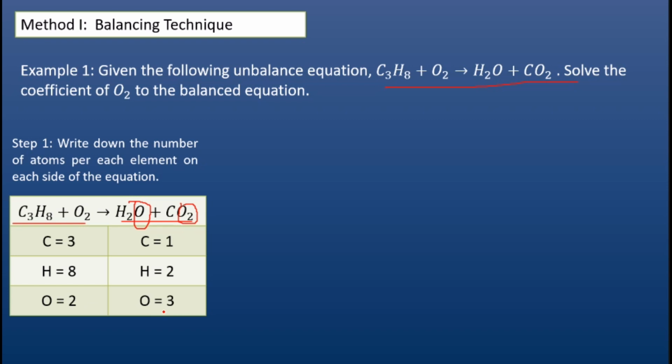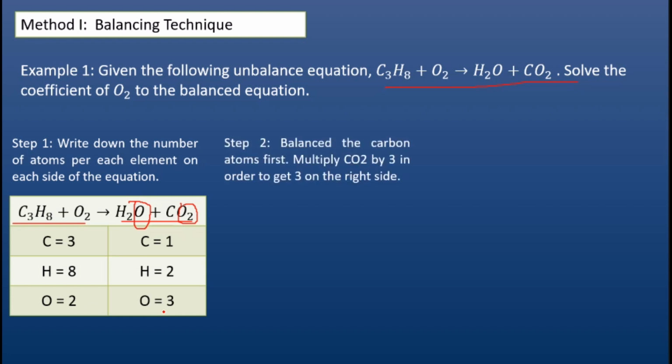Take note that we always leave hydrogen and oxygen as the last ones to balance. If you have more than one element left to balance, select an element that occurs in only a single molecule of the reactants and in only a single molecule of the products. For step 2, balance the carbon atoms first.